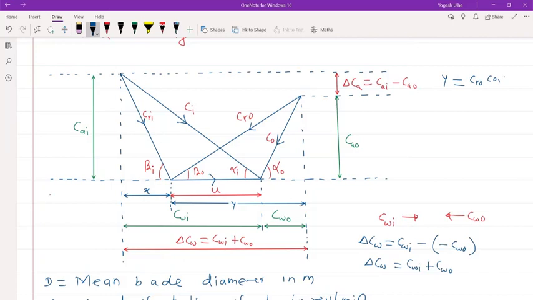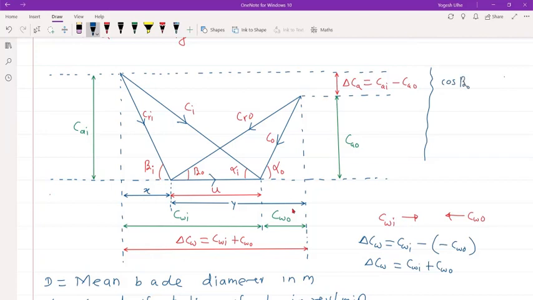So, guys, if you see here, cos of beta o is equal to what?